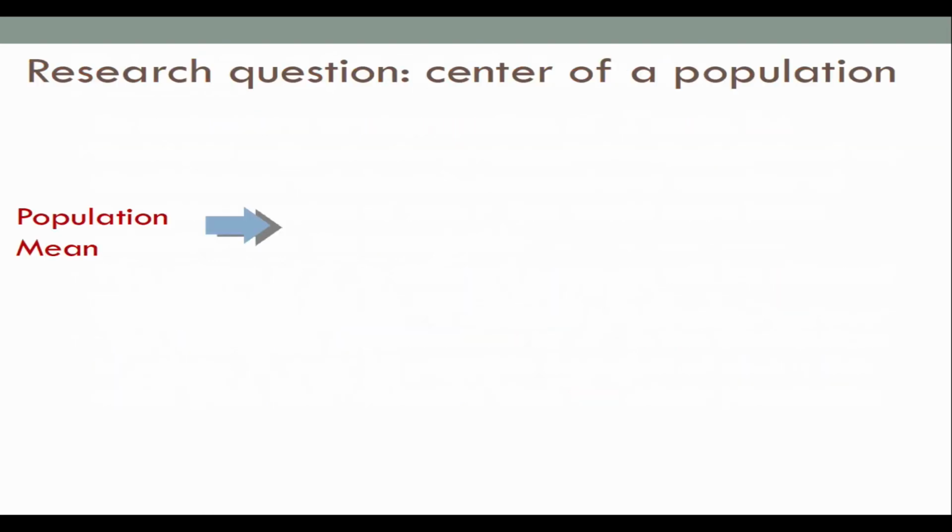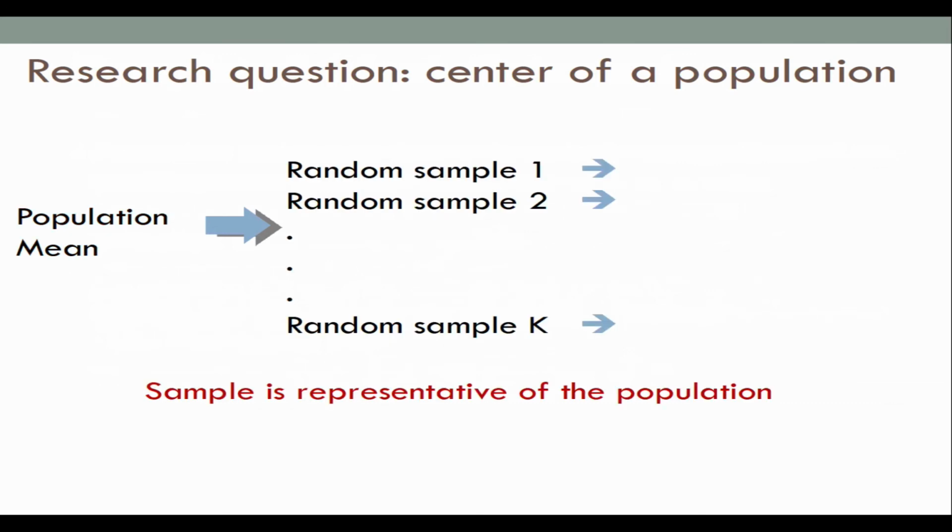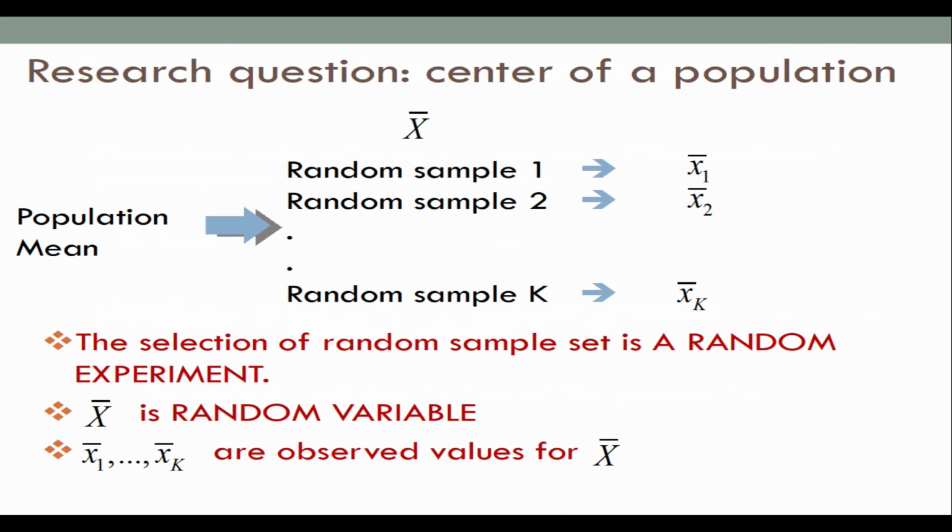Look at this picture. We are interested in estimating the population mean, and we could draw the random sample k times. Each time, we can calculate the sample mean, small sample means x1 bar up to xk bar. The selection of a random sample is actually a random experiment.